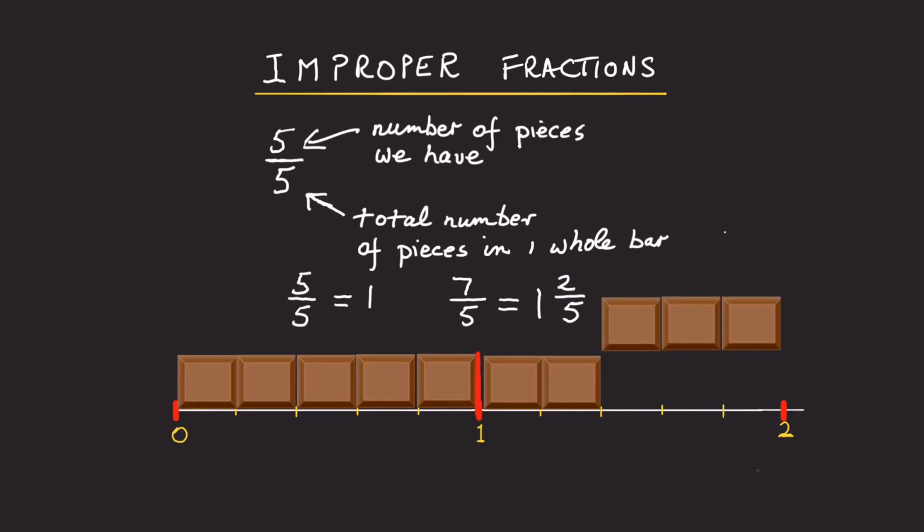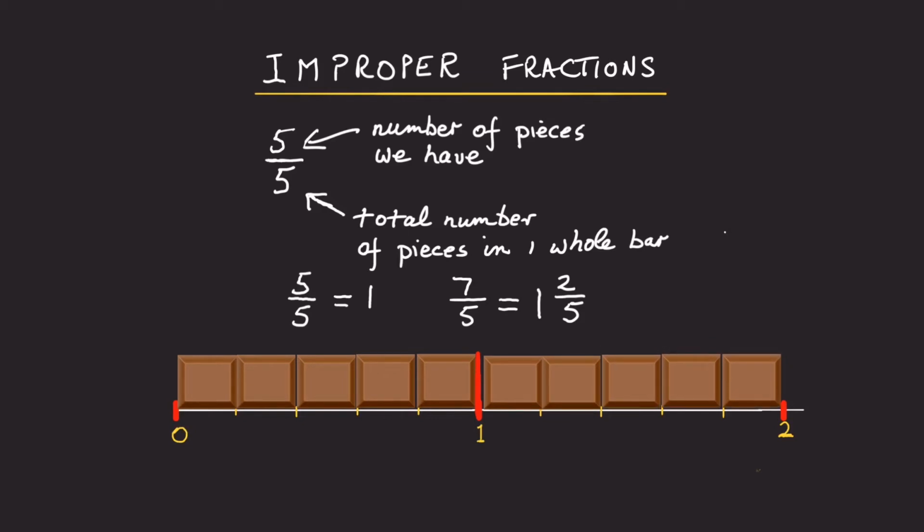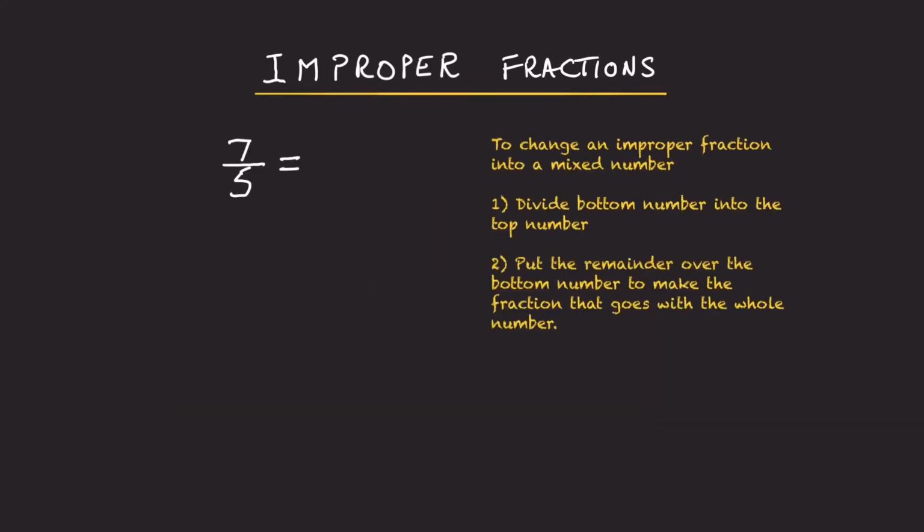Okay, so now let's finish off the 2 bars of chocolate by adding 3 extra pieces to make up the 10 pieces in total. So if there are 10 pieces now, then the fraction can be written as 10/5. And because we have 2 whole bars of chocolate, then 10/5 must be equal to 2 whole numbers.